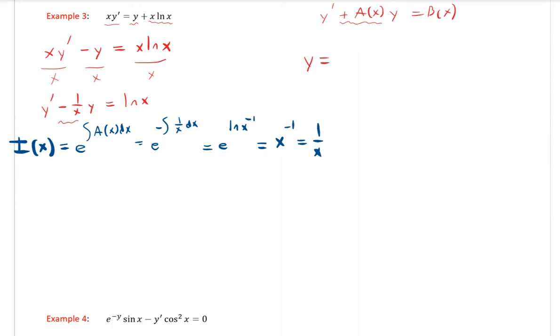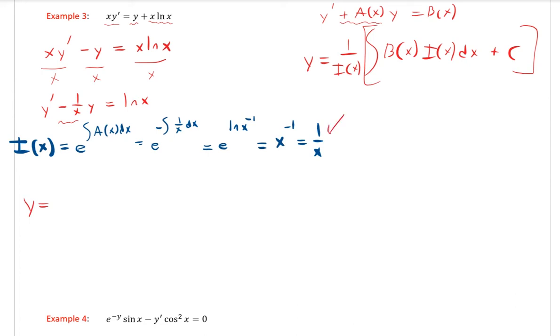Then, using the standard form, again, it would be good to just start writing this down constantly. The more you write it down, the easier it will be for you to remember it. The general form of this, we get y equals 1 over I(x), which is going to be 1 over x, which is just going to be, I'll write it down, 1 over x, integral of b(x), which is my natural log of x, so natural log of x times I(x), which is 1 over x dx, plus c.